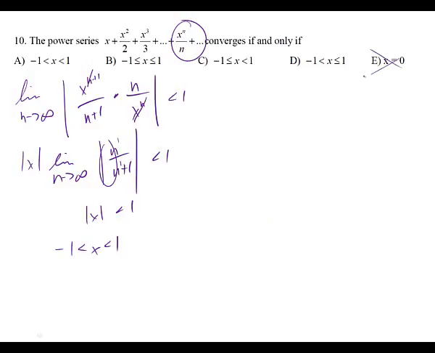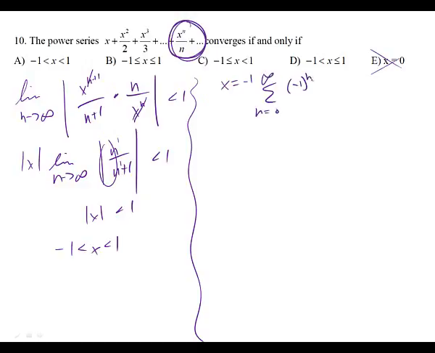Okay, so what I need to do now is test the endpoints, to see if it... Yes, correct. So I am going to put in a -1, and we're going to put it into this original series. So I'm going to put in x equals -1 into the sum from n equals 0 to infinity of (-1) to the n over n.